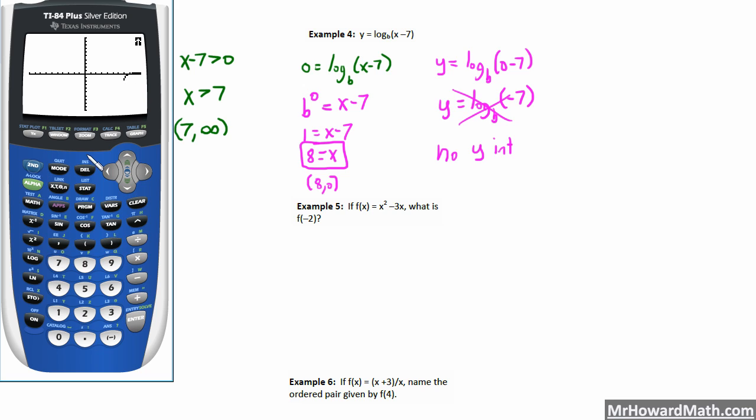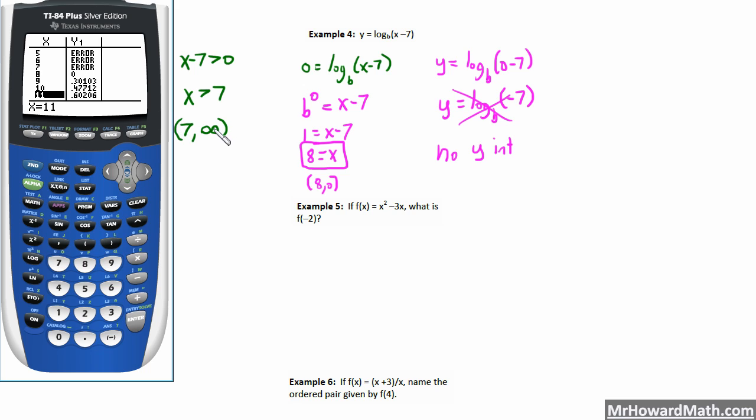So we go to our table and we see all of these negative values are undefined, right? Undefined, undefined, undefined, because we said our domain was everything from 7, just before 7. So 7 is not included, but 7.00001 is, and then 8 is included, 9 is included, 10 is included, 11 is included.